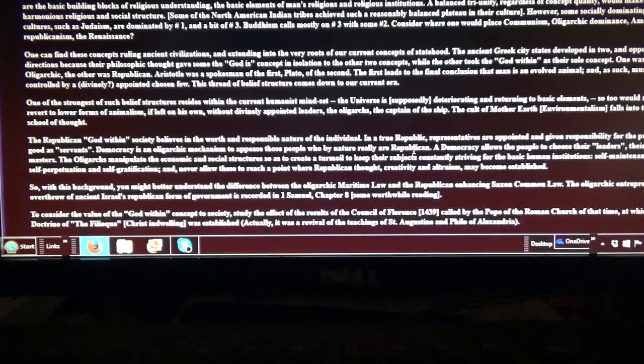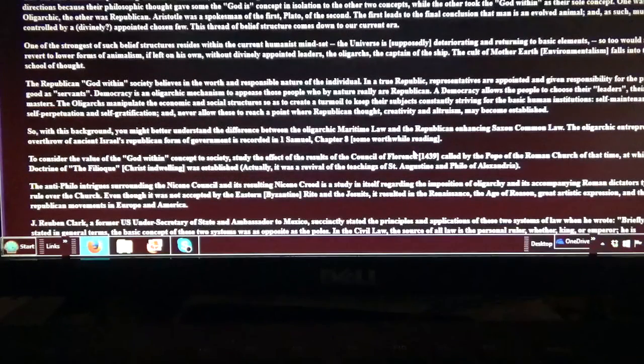The Republican God within society believes in the responsible nature of the individual. In a true republic, representatives are appointed and given responsibility for the public good as servants. Democracy is an oligarch mechanism to appease those people who by nature really are Republican. A democracy allows the people to choose their leaders, their slave masters.